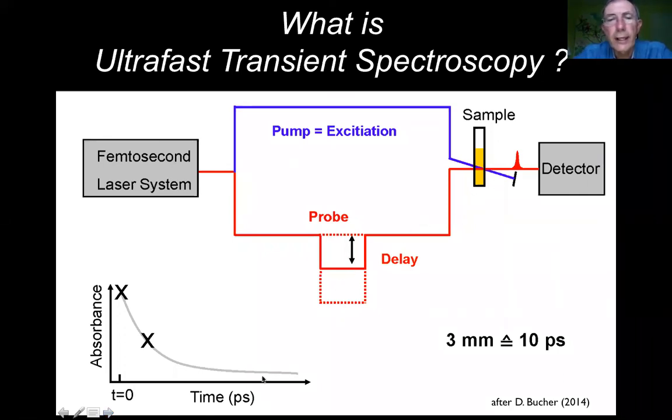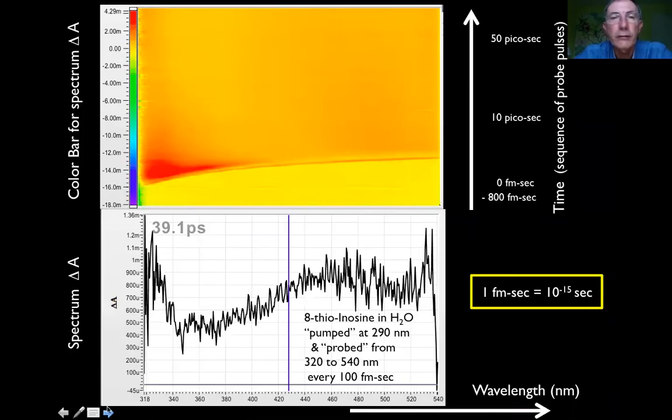You move the delay line, and as the absorbance versus time diagram shows you here, if it's decaying, you get the photodynamics or the chemical dynamics of the molecule with its spectrum, of course. You see an absorption or emission spectrum, usually absorption spectrum, and you see it as a function of time over a period of time. These spectra look like this.